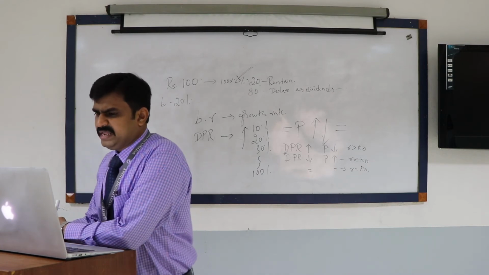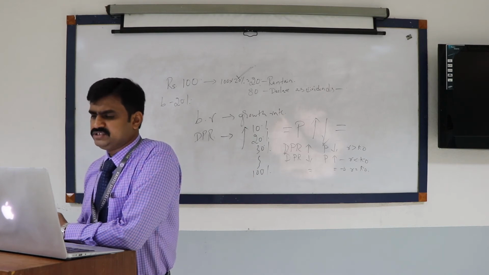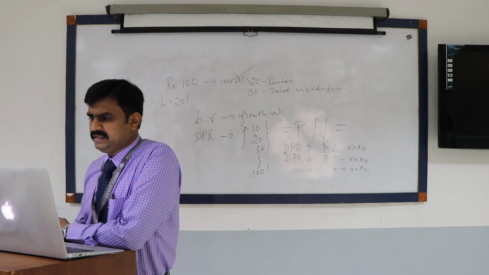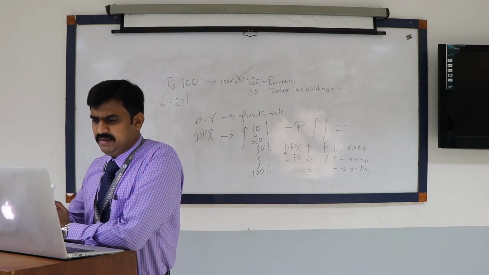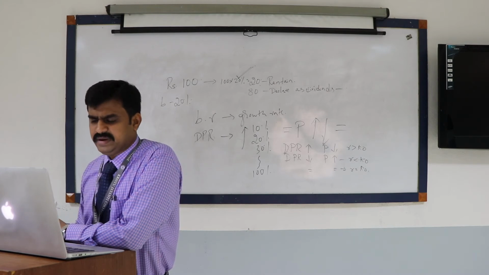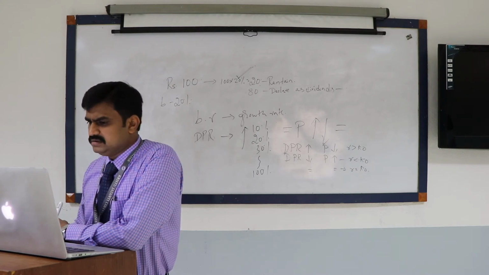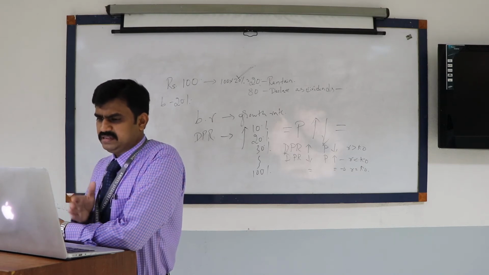So there is one company here. We don't know the name of the company. A firm has given the following information and requested you to determine the share price of the company under Gordon's model. So he has given earning per share ₹10, retention ratio 40%. That means 40% is retention ratio.